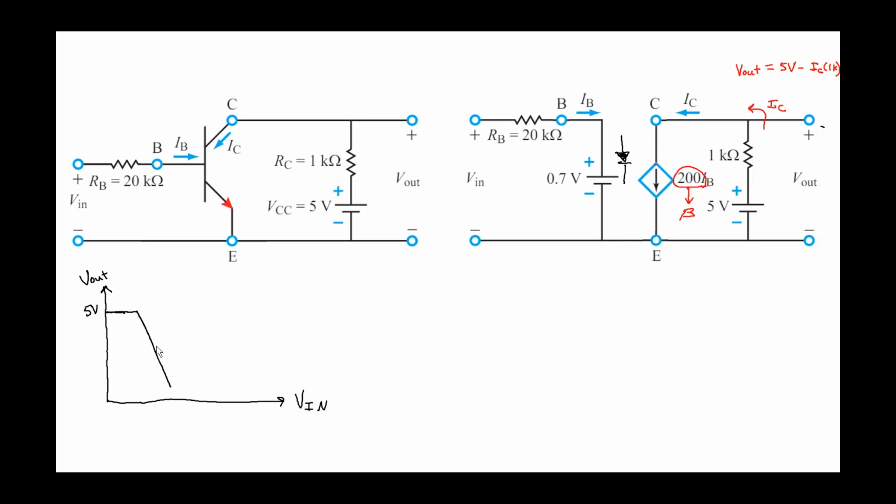The problem first starts by asking what happens when Vin is 1 volt. It walks you through the calculations of figuring out what Vout is at Vin equals 1 volt.